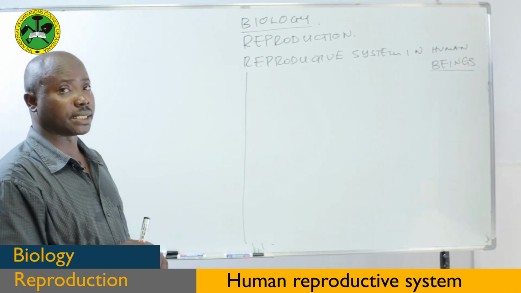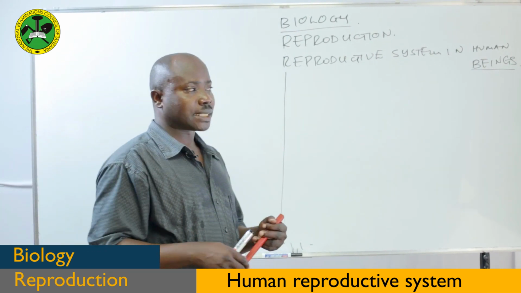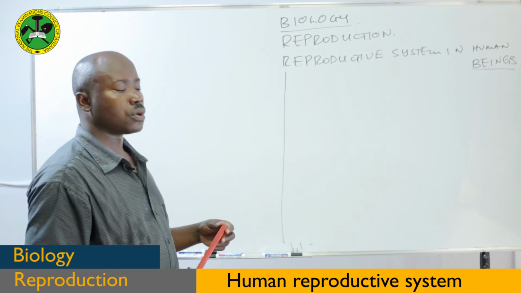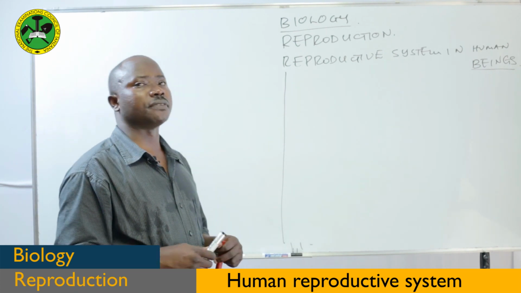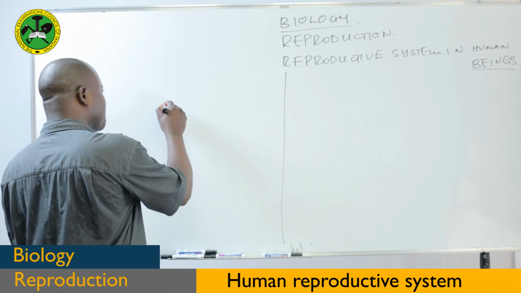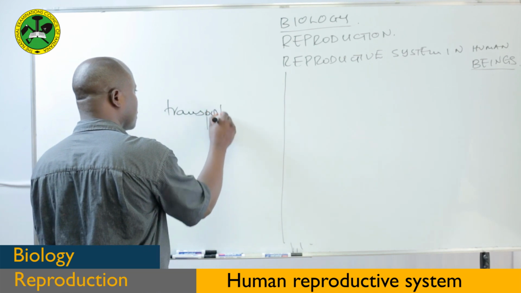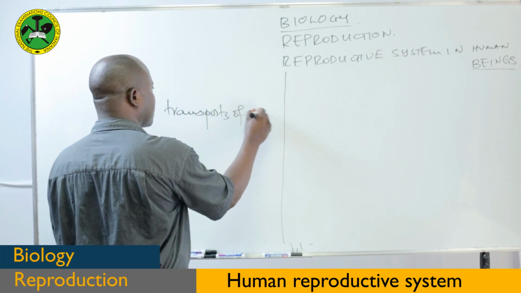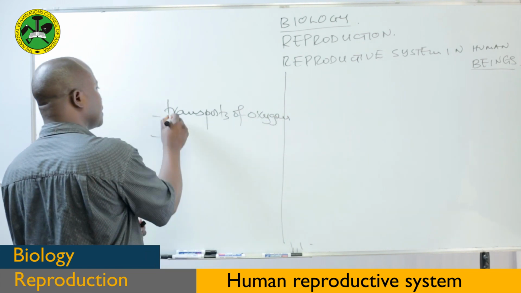Since I started presenting these concepts, this can be answered with reference to what I answered to the question that arises in the male reproductive system. I said the blood vessels transport oxygen.